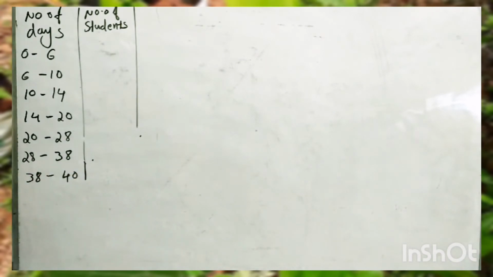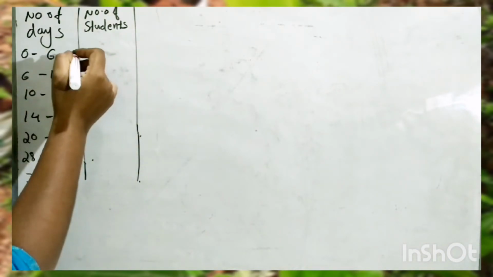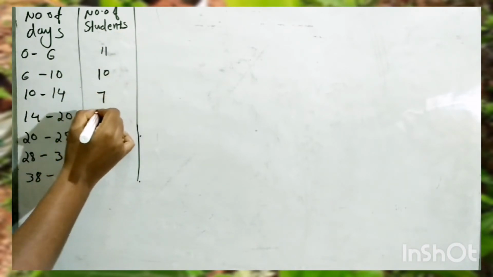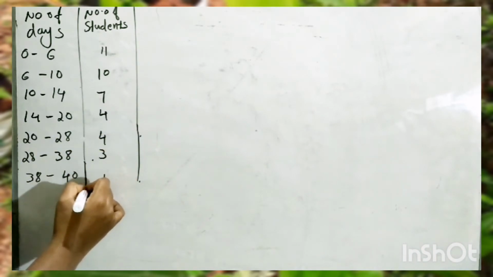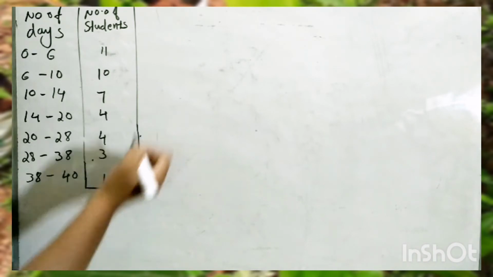Now the number of students: 11, 10, 7, 4, 4, 3, 1. Summation of this column, that is 40.